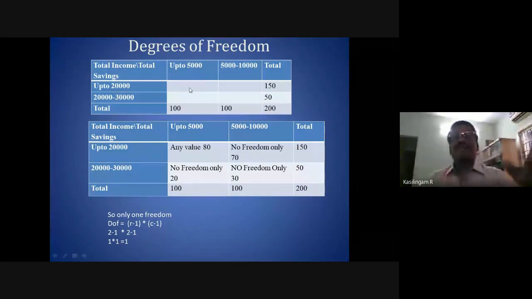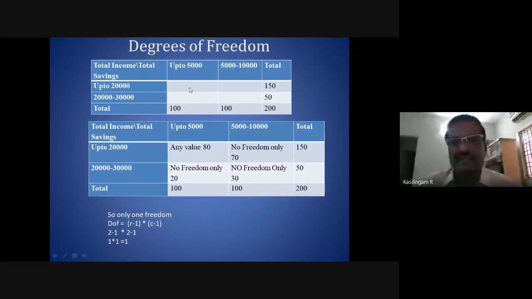This can be 50, or 60, or 70, or 80, or 90. So it can be anything. There is a freedom to have anything. Now, any value can come.